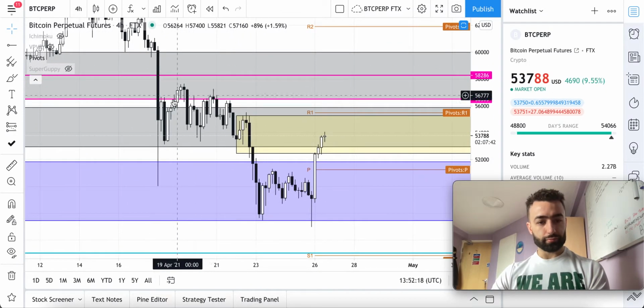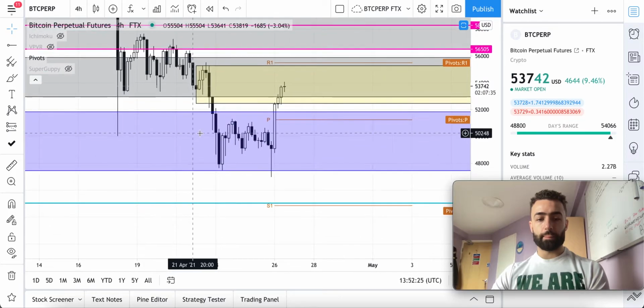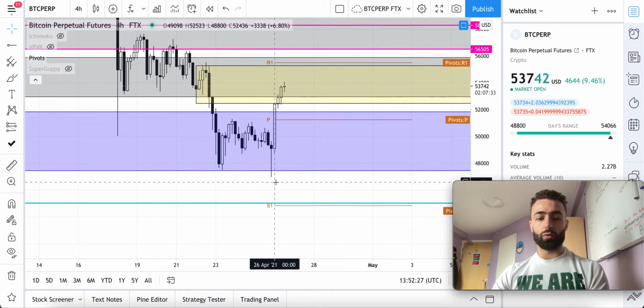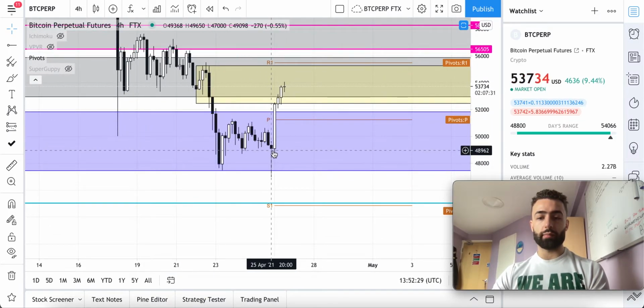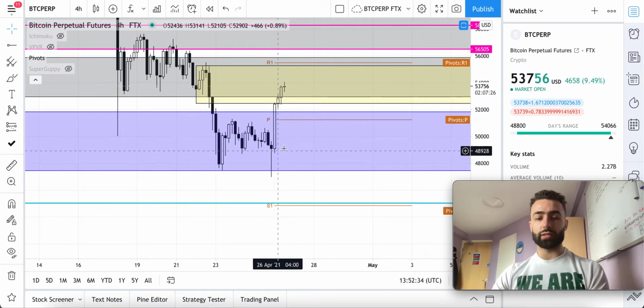So since that point, we've kind of chopped around a bit, broke down again, confirmed the bear pattern again right here, came down, consolidated, lower low but didn't close below, came back up and wicked back above, and then subsequently had this rise in price.